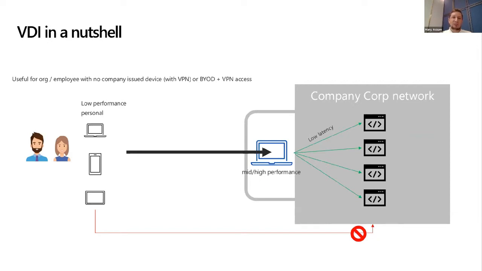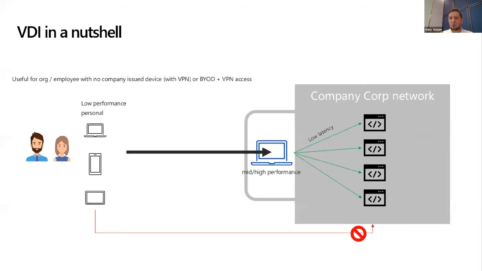You can make sure that your virtual machines are running in close proximity to the different apps and services that you provide, so they're all hosted in the same location, whether in your data center or on the cloud. Then the user has the freedom to connect from any device over the internet or over a secure connection, and no longer has to worry about these devices as long as the network connection is secure.